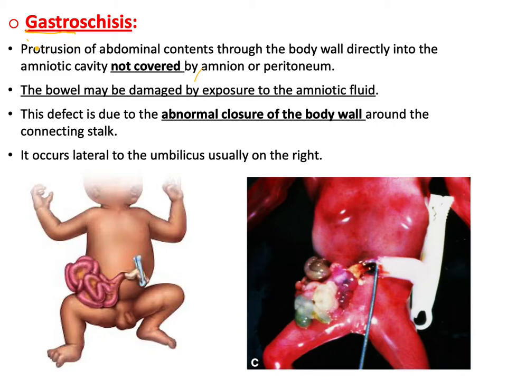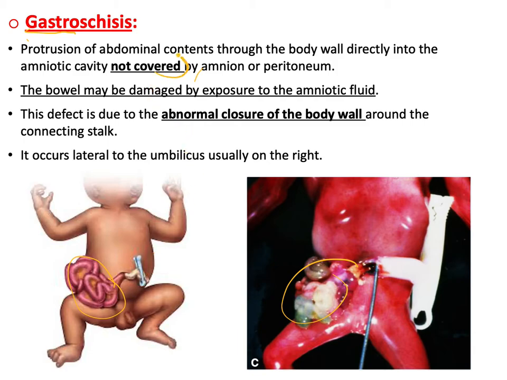Misnomer means a mistake, or not the correct way to call it. It is a misnomer because the split is not in the stomach, the split is indeed in the anterior abdominal wall. But anyway, in gastroschisis, again, there's a protrusion of the abdominal content through the body wall, as you see here and here.